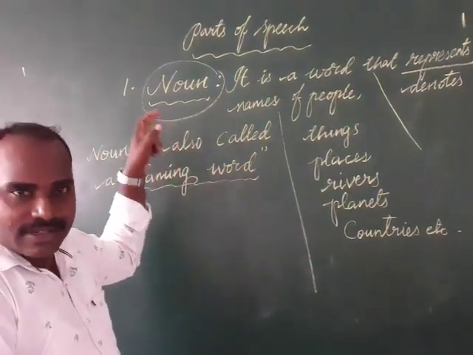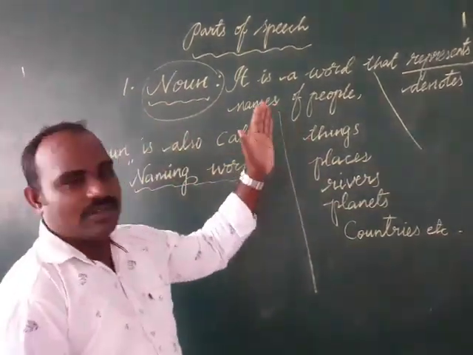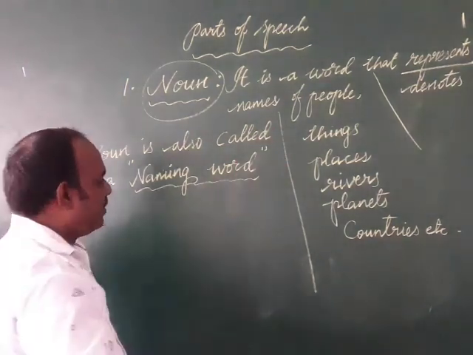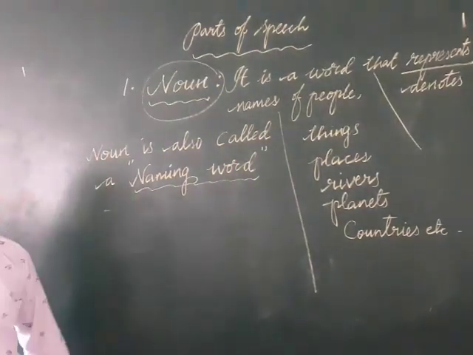We use noun to name people, things, rivers, planets, etc. Simple. So we write some examples.